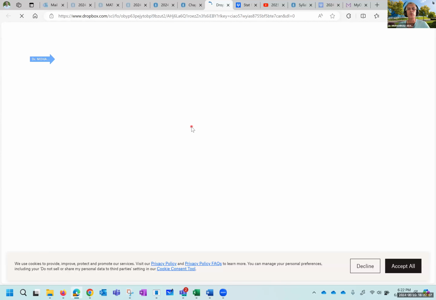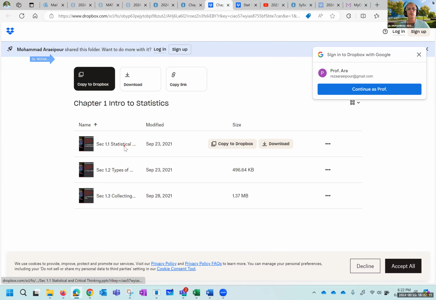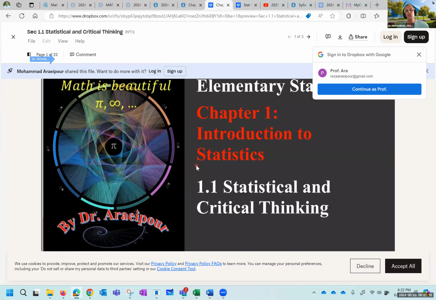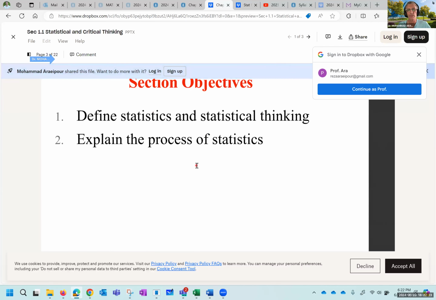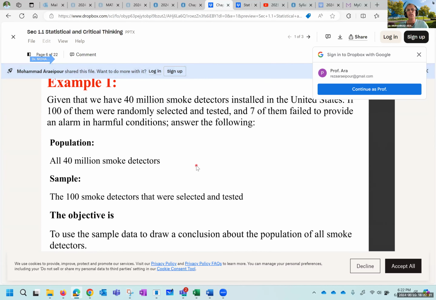So remember what we have. We have the PowerPoints and we have lectures done on these PowerPoints. If you download these PowerPoints and you put them in slide mode, you don't see page by page, especially when it comes to examples.